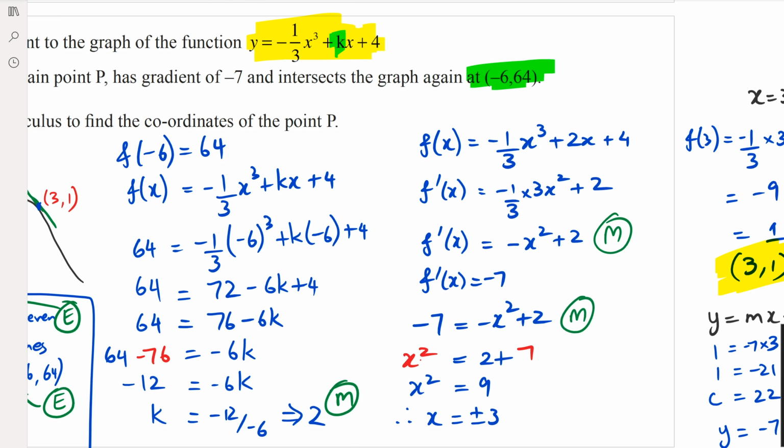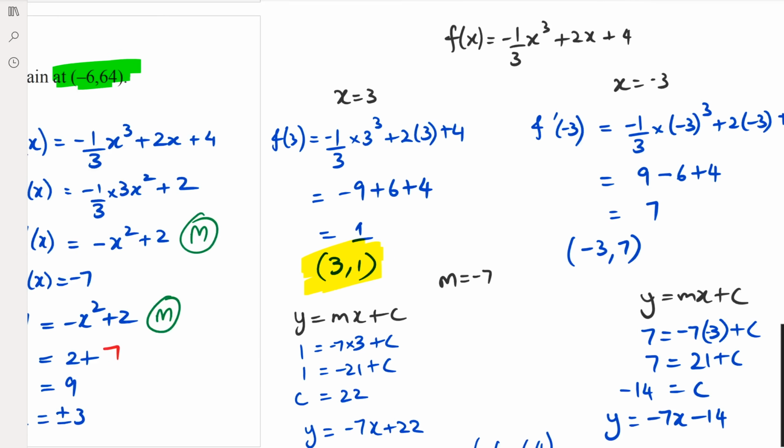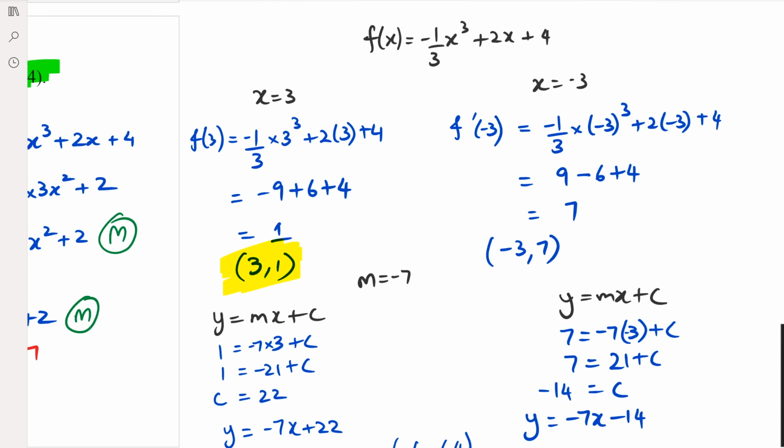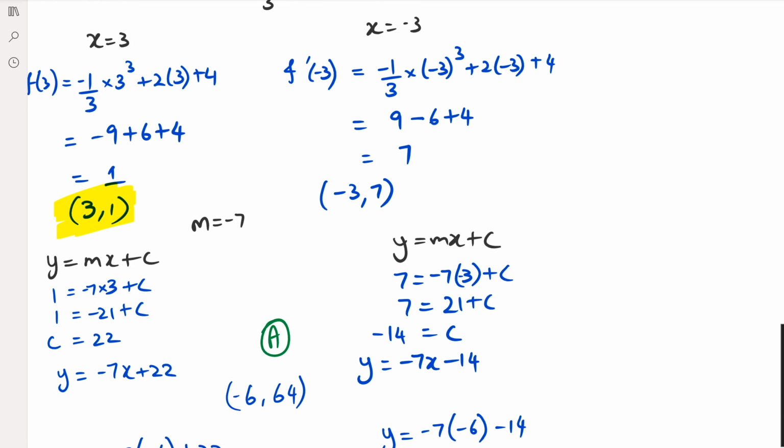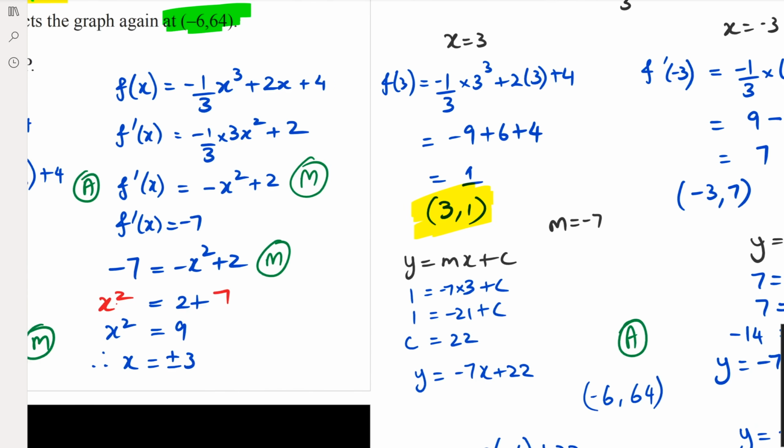You have to do all of these 3 things to get merit. For achieved, you find the derivative and set it equal to negative 7, getting a quadratic. So you could potentially get an achieved for doing this step. Or you might even get an achieved for doing some of these straight line parts.